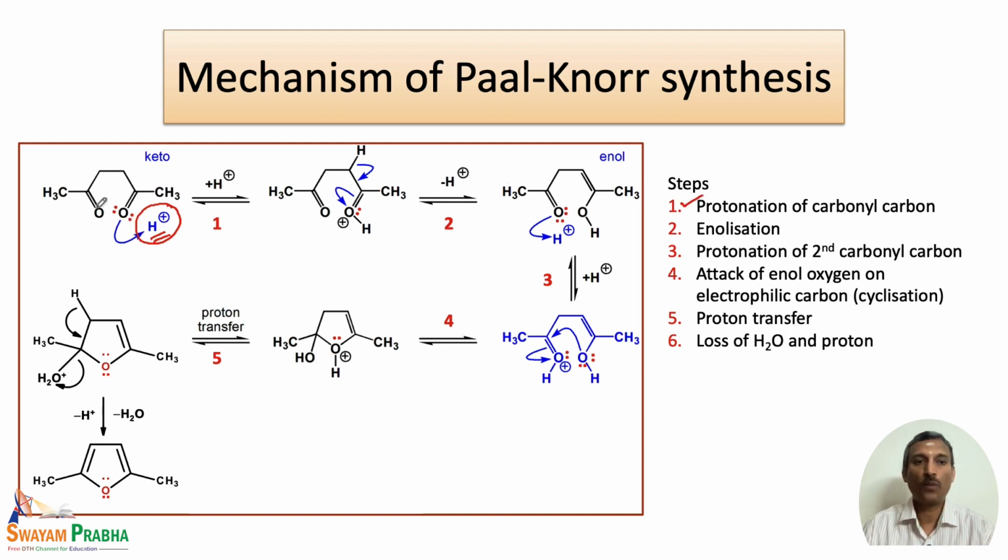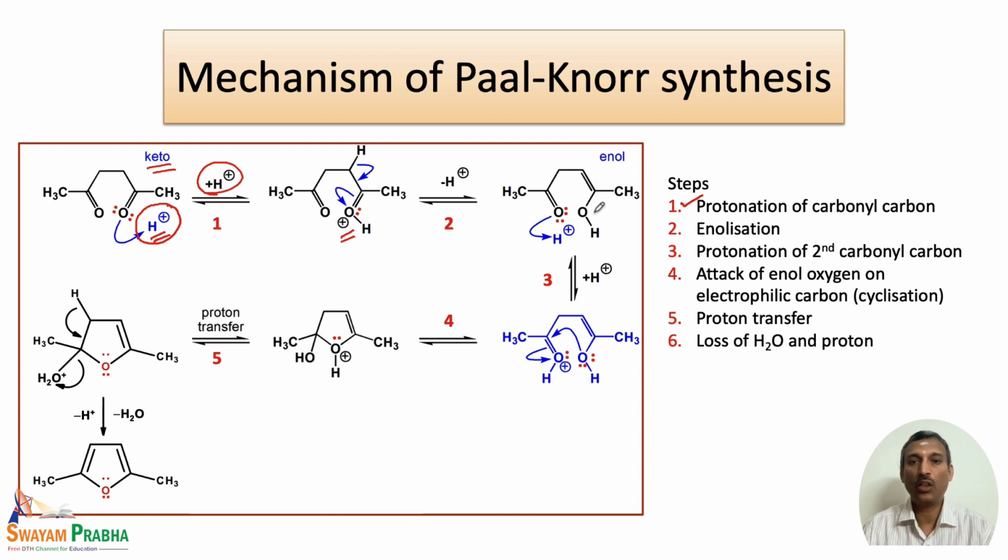There are two carbonyl units. This molecule being symmetric, we can choose any one of the carbonyl groups, which undergoes protonation. This is the keto form of the starting material, and addition of a proton takes place in the initial step. That leads to this intermediate, and this loses a hydrogen atom as a proton, and that leads to the formation of the enol.